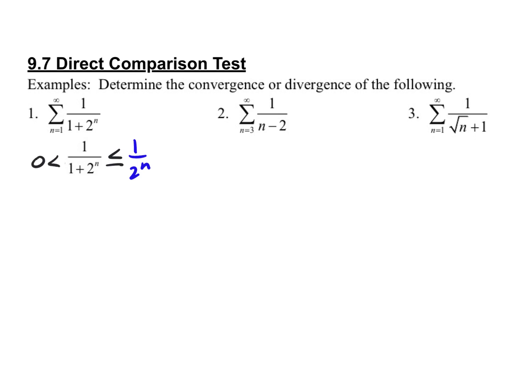If the number on the bottom of a fraction is bigger, then the whole fraction is actually smaller, right? Let's think about that again. If the number on the bottom is bigger, then that fraction is actually smaller. So our gut instinct when we look at this is to say that this is bigger than this because of that 1 plus. But because it's in the denominator, this whole fraction actually ends up being smaller.